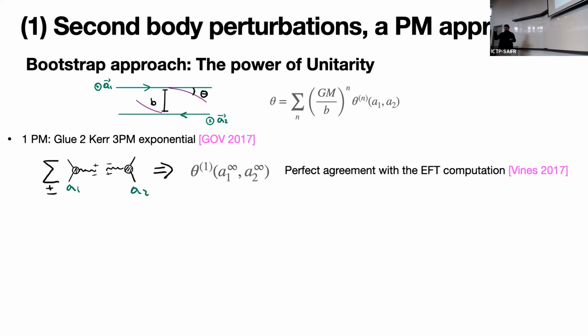People have done this in the Schwarzschild case, with results to very high order, and in the spin case there are results at lower orders in perturbation theory. The leading order in the PM expansion was computed by gluing two three-point amplitudes into exponentials, and it turned out to show perfect agreement with the GR computation. Even though these are leading order in GM over b, they keep all orders in the spin multipole expansion.